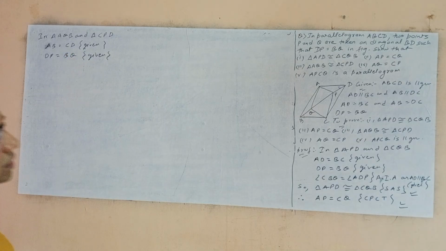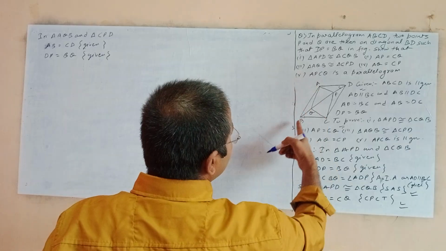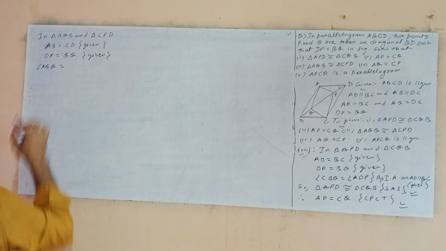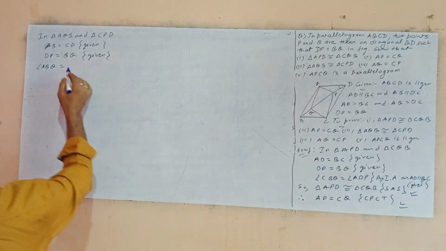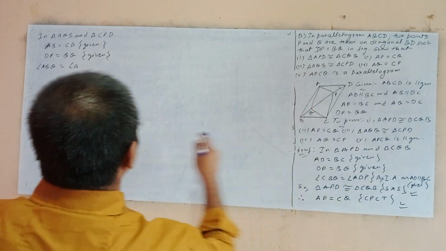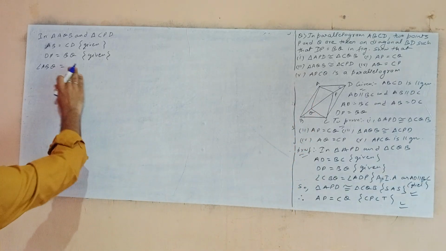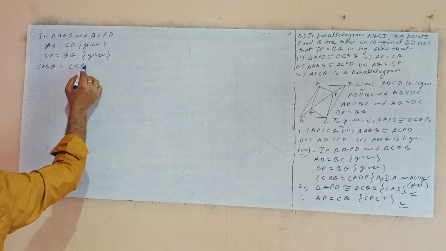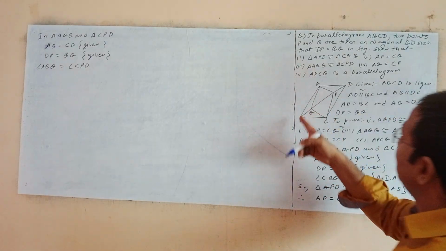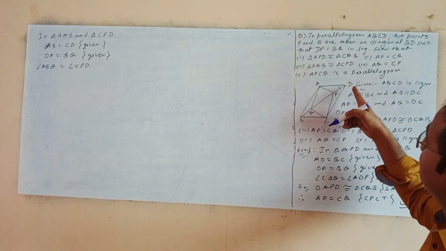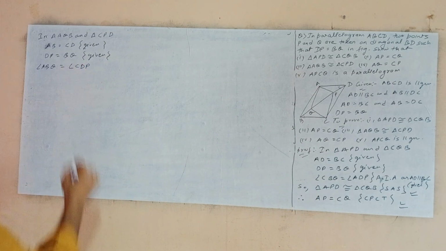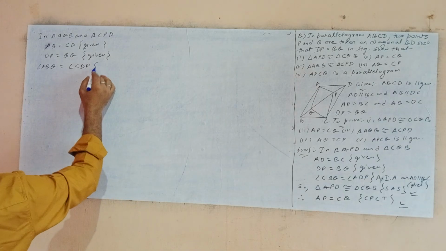Now angle ABQ is equal to angle CDP. Why?